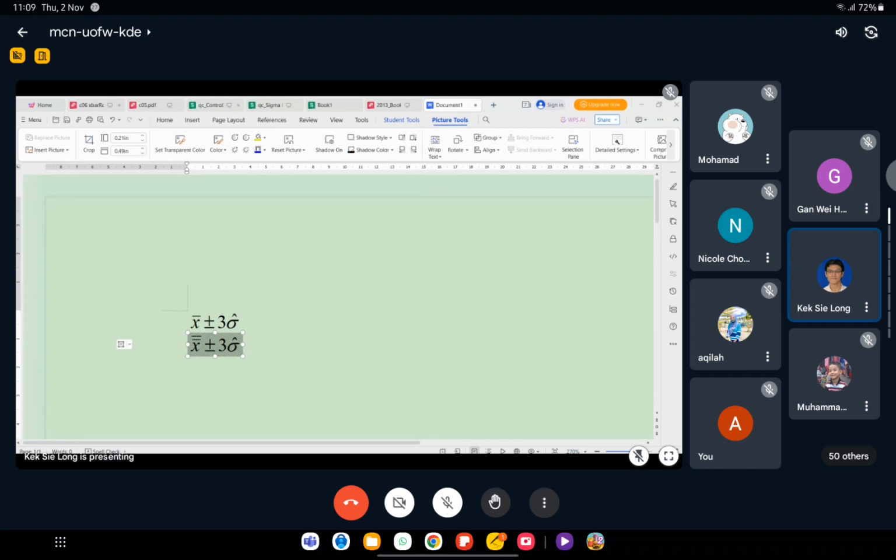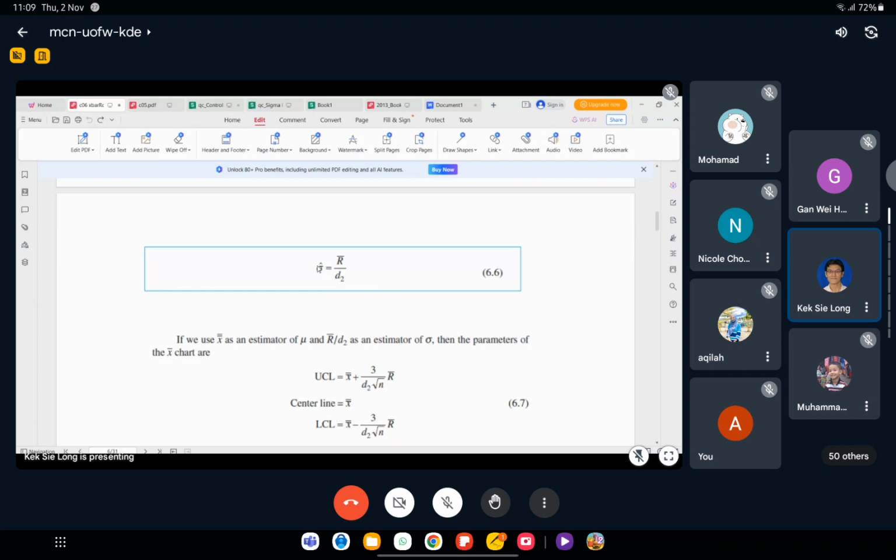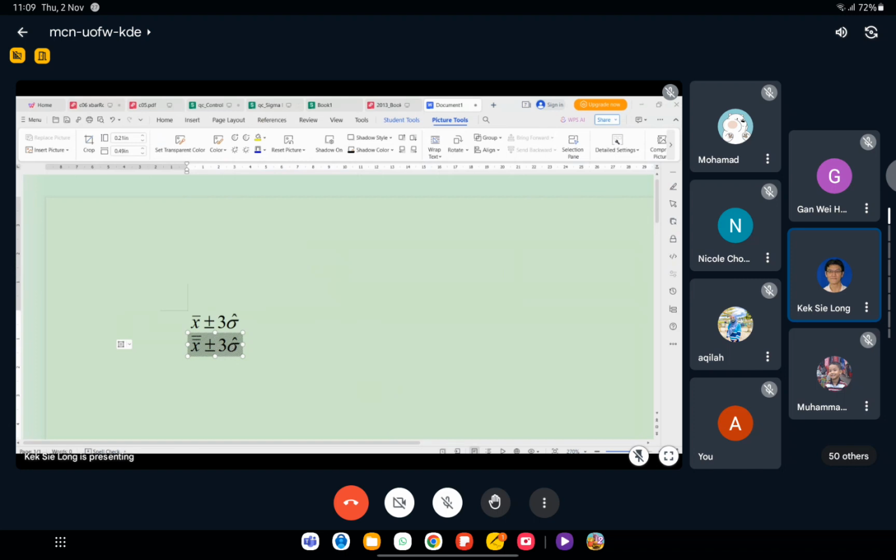I put it in the bracket. So sigma hat is equal to what? Sigma hat equals R over D2.